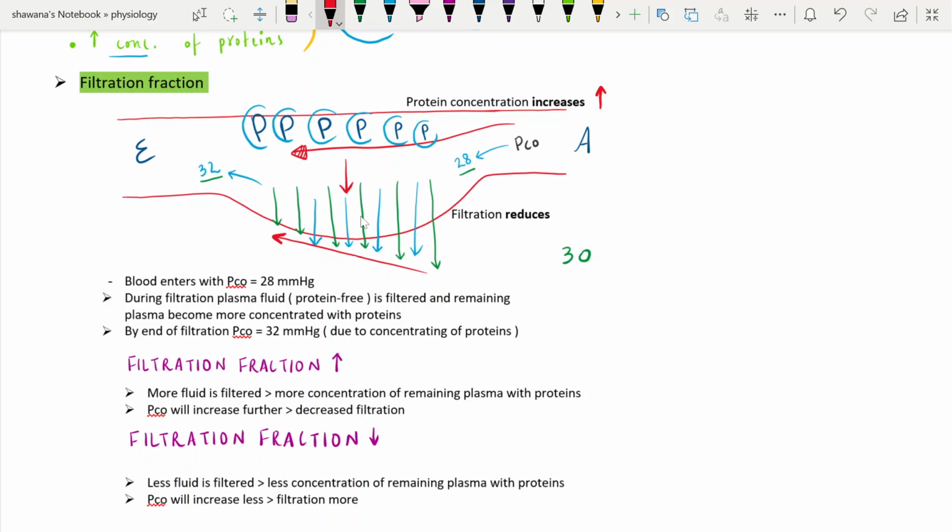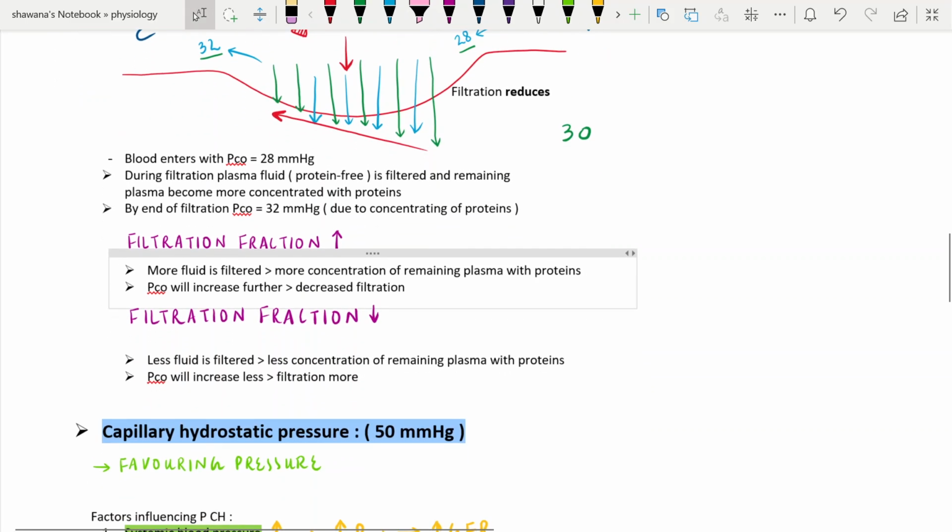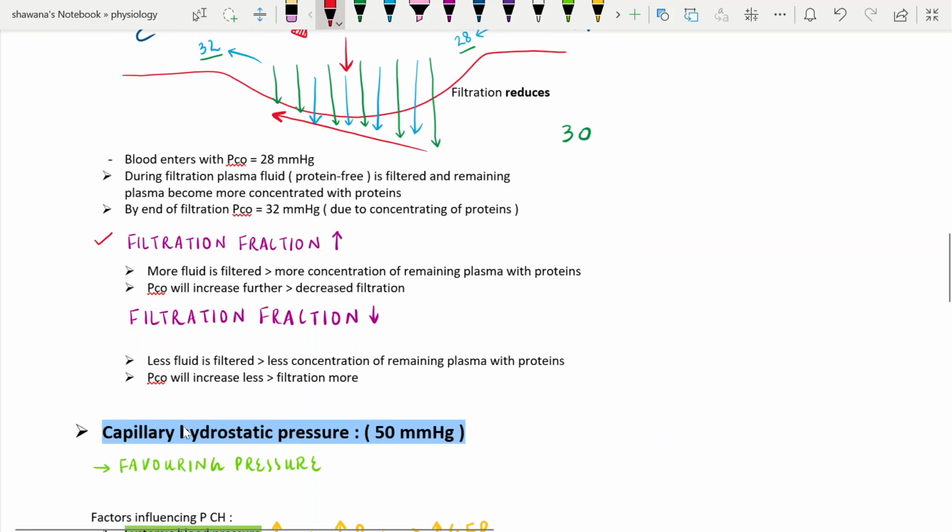But as the filtration proceeds, the remaining plasma becomes concentrated with proteins, and it means that the plasma oncotic pressure will start to increase as the filtration process goes on. Okay, if the filtration fraction increases, it means that a large amount of plasma is filtered, more fluid is filtered. It means the remaining plasma is more concentrated with protein.